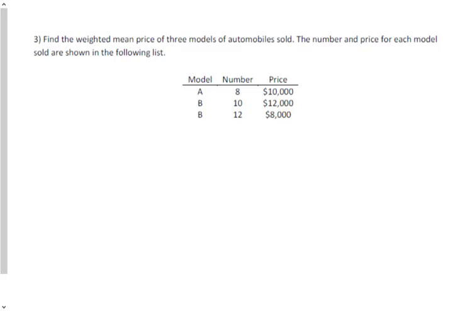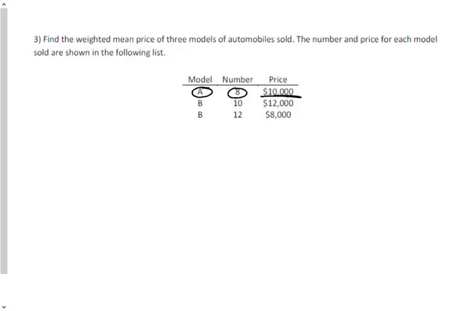Okay, and then here is something a little different. This is still a weighted mean, and it's still a frequency distribution. I gave you 3 columns because now I've got 3 different categories. For the number sold, each car, I have the number sold of A and how much they sold for.